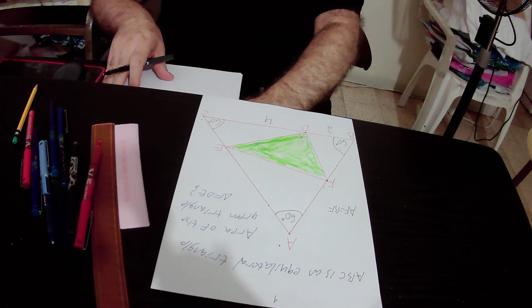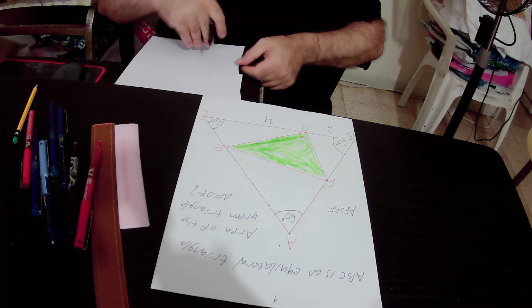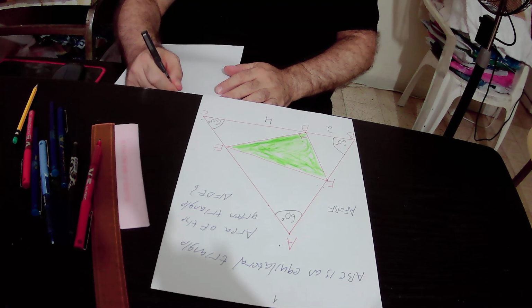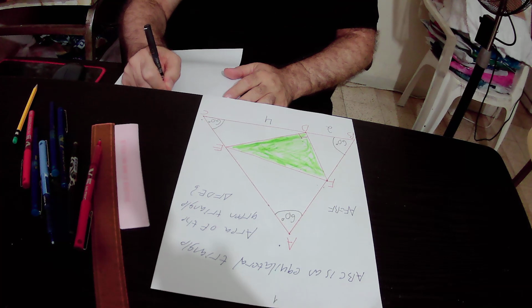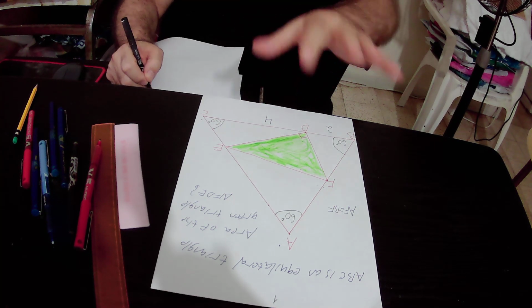Okay, so I'll write it down that AB equals BC equals AC.